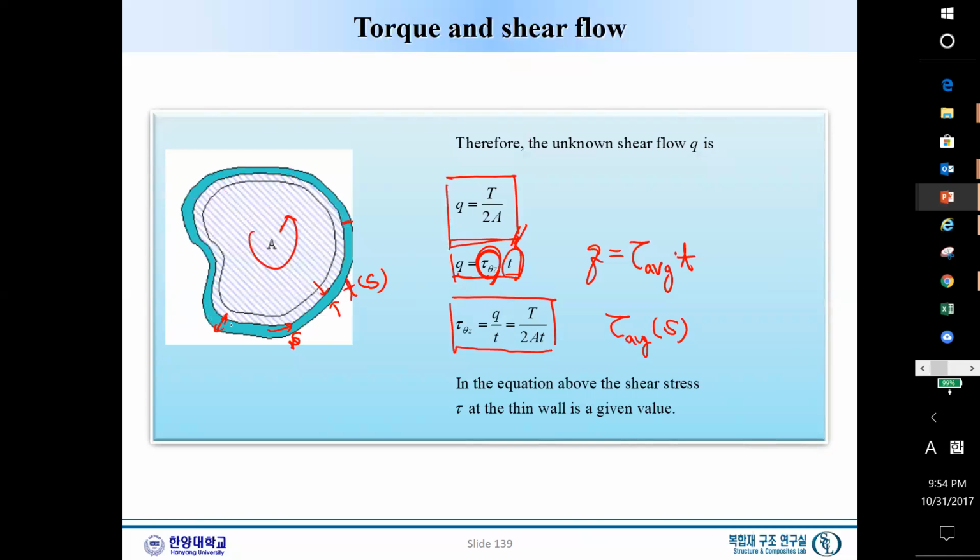So the shear stress tau will be Q, which is uniform, right, and T can be a function of S. I'm rewriting this one to emphasize how tau can vary, even though the shear flow Q is uniform: T over twice A and T, where T is a function of S. The most important equation is actually this one: the shear flow, which is uniform, is simply calculated by the equation T over twice the area.